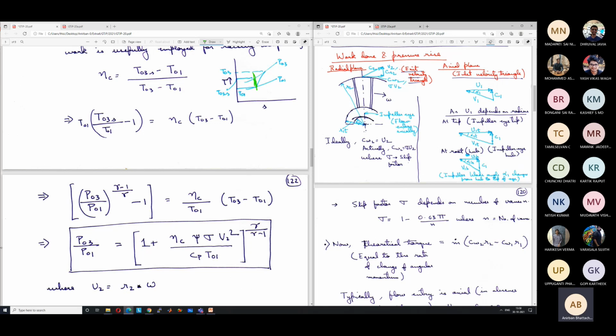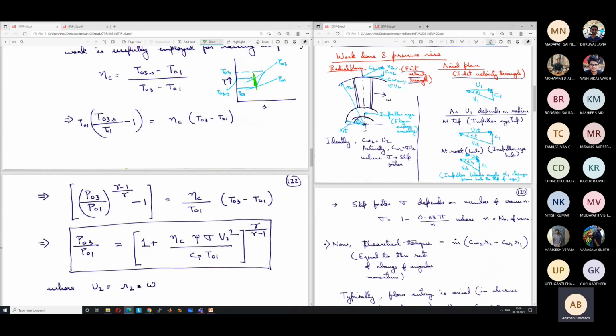Not sigma, sorry, psi, power input factor. If psi is increasing, will all the other factors remain constant? I think eta C will also change with psi. Correct, very good. So more frictional losses obviously means isentropic efficiency will decrease.